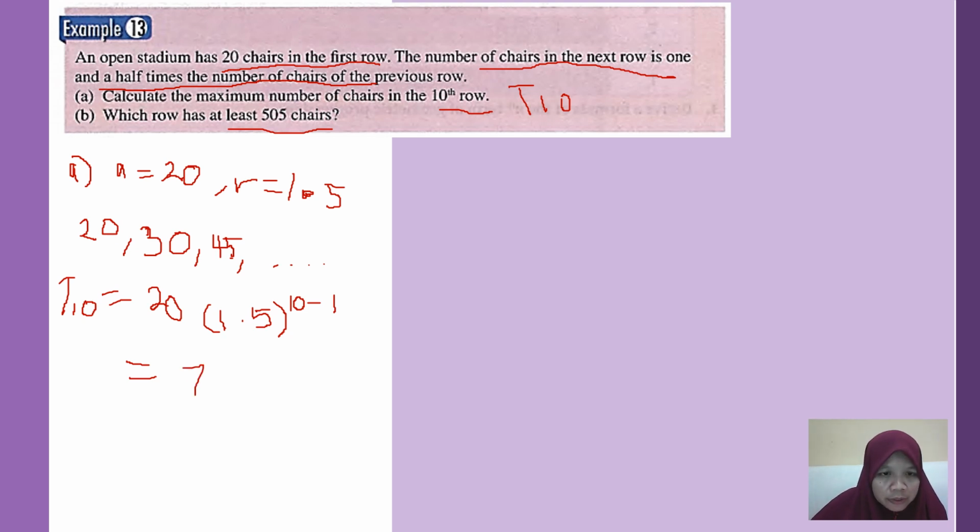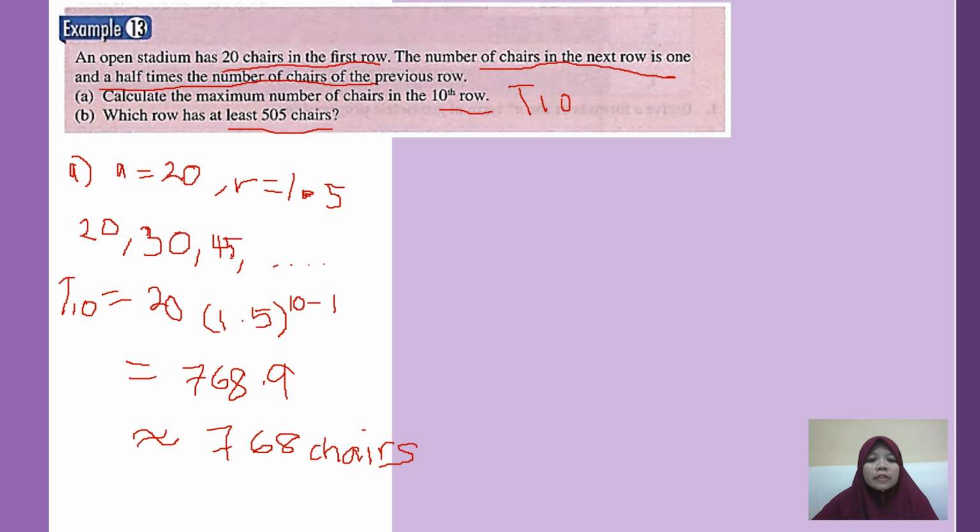Use a calculator, it is 768.9, so the number of chairs in the 10th row is 768 chairs.